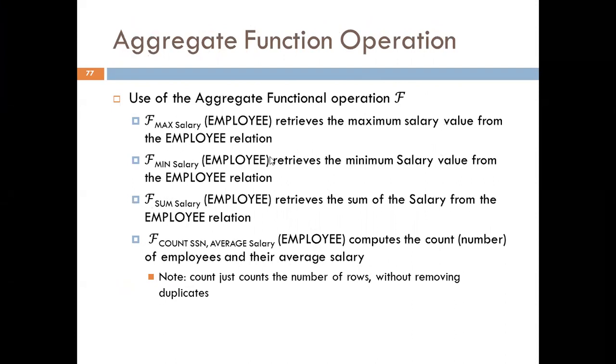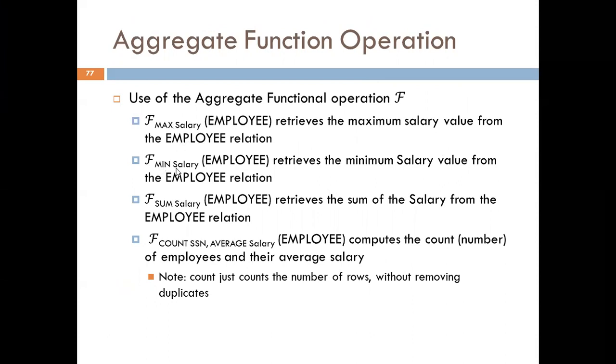This retrieves the maximum salary value from the employee table. The only difference between this notation and the one used in SQL is the presence of parentheses. In SQL we would have used max of salary, whereas here we will not use the parentheses.